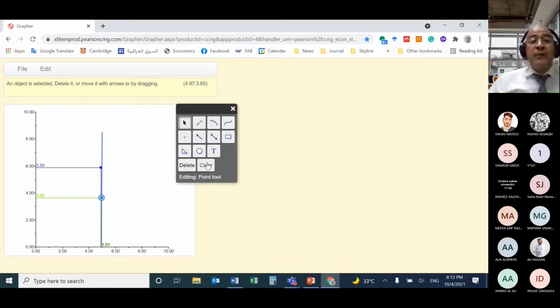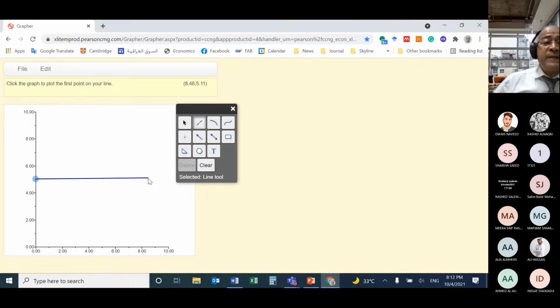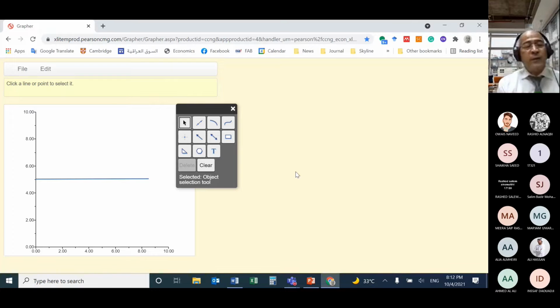Okay, let me draw another curve. I'm so interested in this curve. This curve is called the perfectly elastic demand curve. Owais has a farm in Sharjah and produces tomatoes.